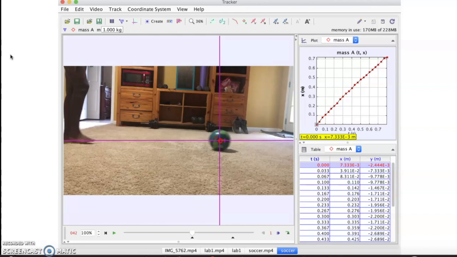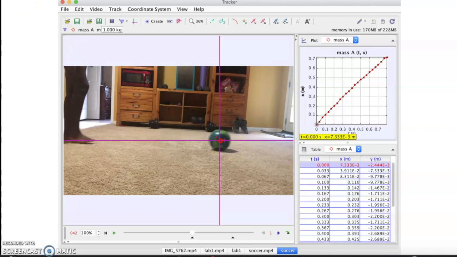Some assumptions that I was able to make in this model were that my soccer ball was rolling on a smooth, frictionless surface, and that the net force is equal to 0.